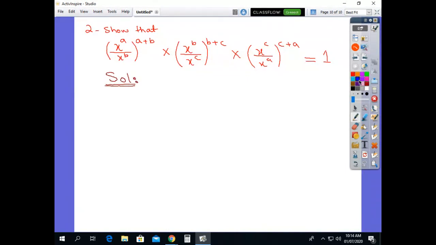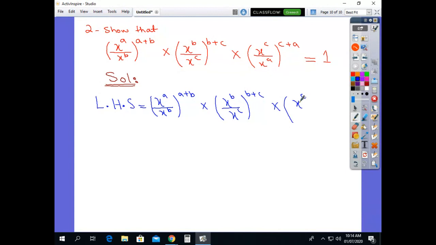Now we take the left hand side. What is the left hand side? Left hand side is x raised to power a over x raised to power b, whole raised to power a plus b, multiplication x raised to power b over x raised to power c, whole raised to power b plus c, multiplication x raised to power c over x raised to power a, whole raised to power c plus a.